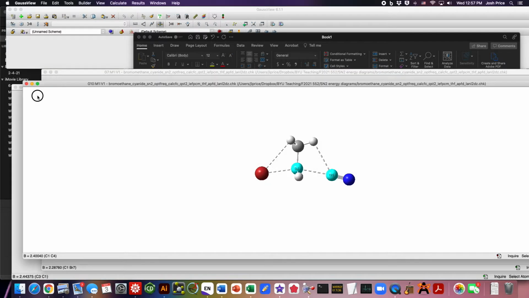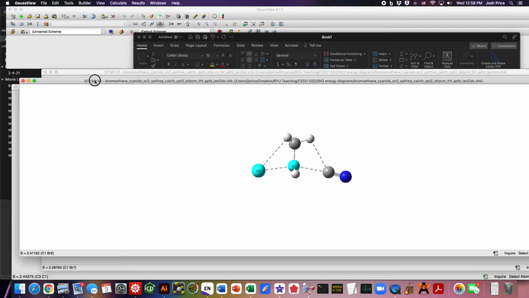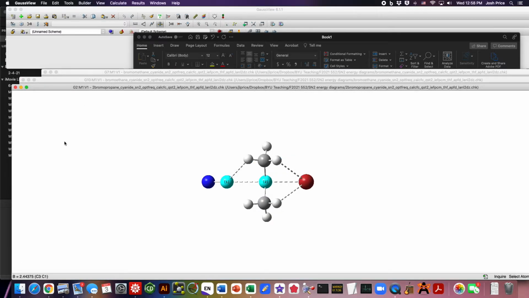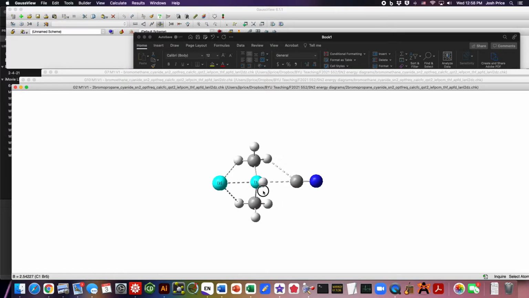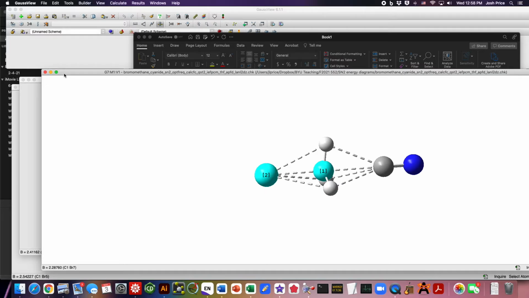We can do the same for bromoethane, and that distance is 2.4 angstroms, versus 2-bromopropane, where that distance is 2.5 angstroms.